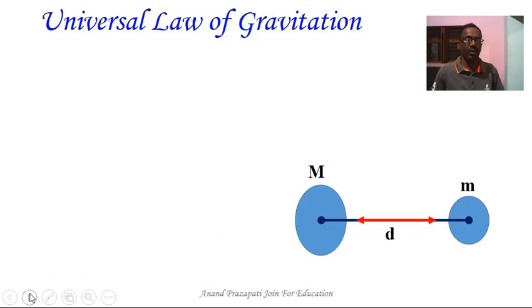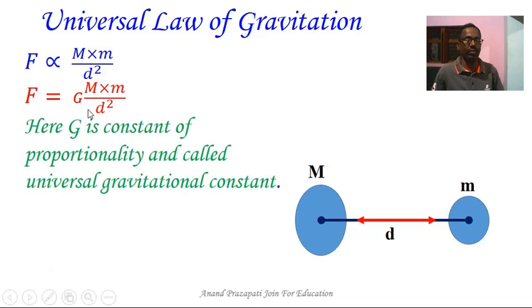According to the statement, the attraction force, which is also known as the gravitational force, is directly proportional to the product of the masses and inversely proportional to the square of the distance between them. So we remove the proportionality and write G as the proportionality constant, known as the universal constant.